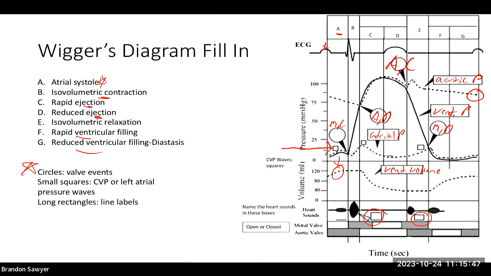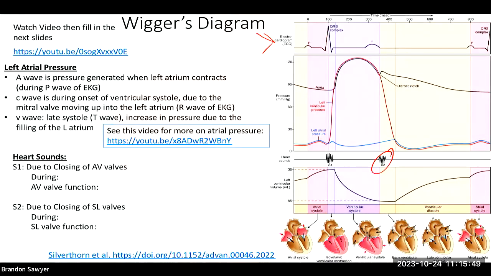Good question. Other questions on that? Okay, then let's go back to the previous slide and look at this part with the left atrial pressure. The atrial pressure wave on this one is the blue one. We can see a few different waves here. What's called the A wave is the pressure generated when the left atrium contracts during the P wave of the EKG.